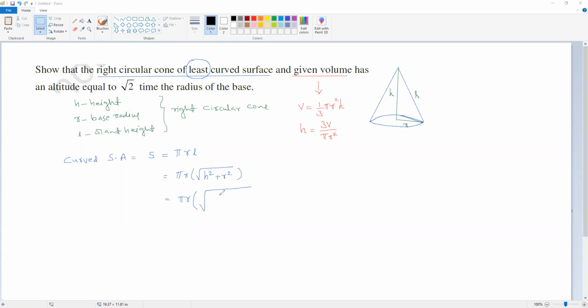हम एक technique use करेंगे. 3v divided by pi r square, उसका square plus r square.